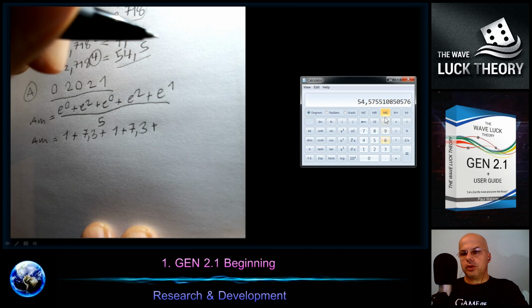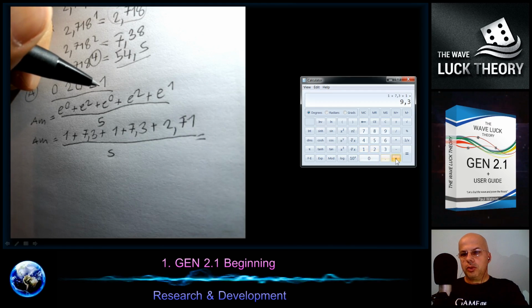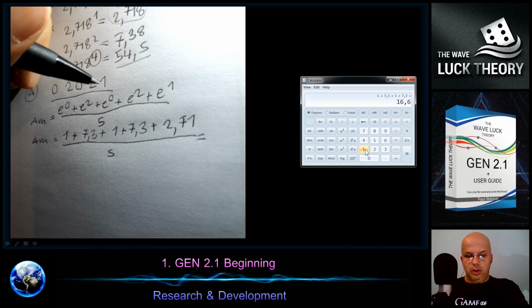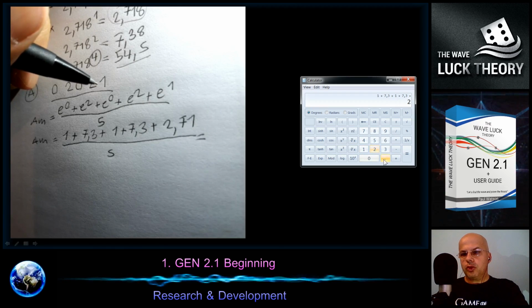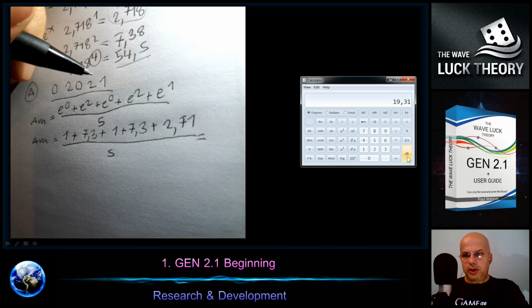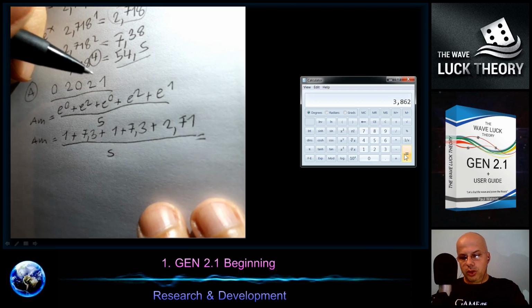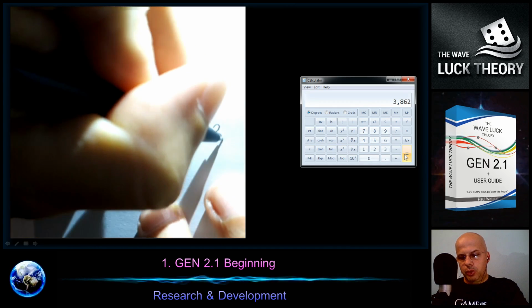so 1 plus 7.3 plus 1 plus 7.3 plus 2.71, and it's 19.31 divided by 5, so we have the value 3.8.